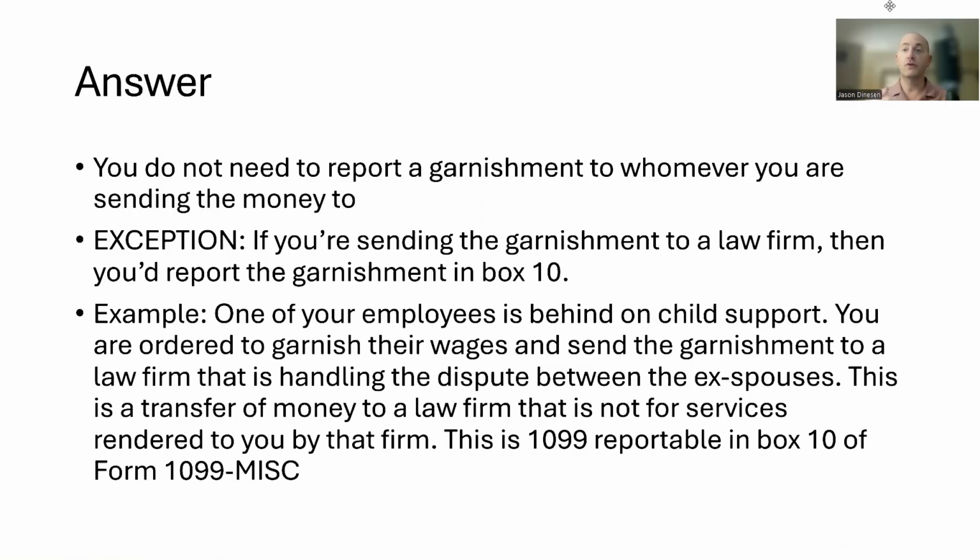That's a transfer of money to a law firm that is not for services rendered to your organization by that firm. And that is a classic example of box 10 of 1099 miscellaneous, gross proceeds paid to an attorney. But otherwise, just regular old garnishments, you have no 1099 reporting obligation.